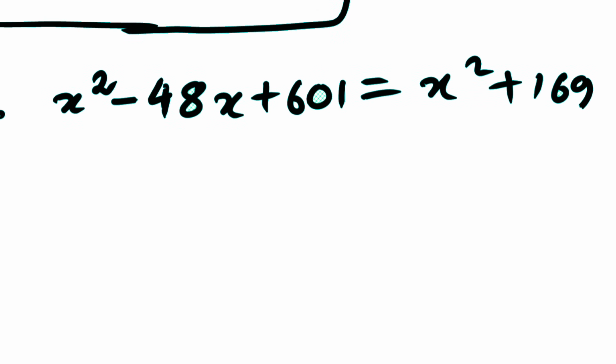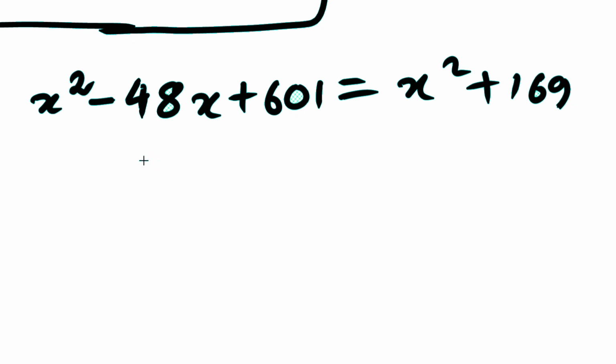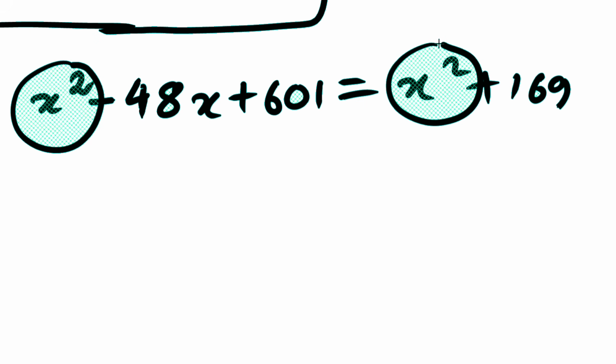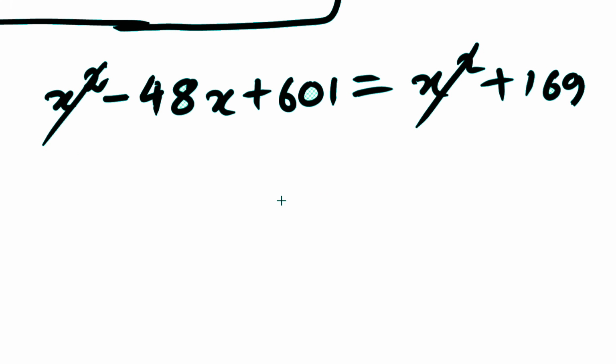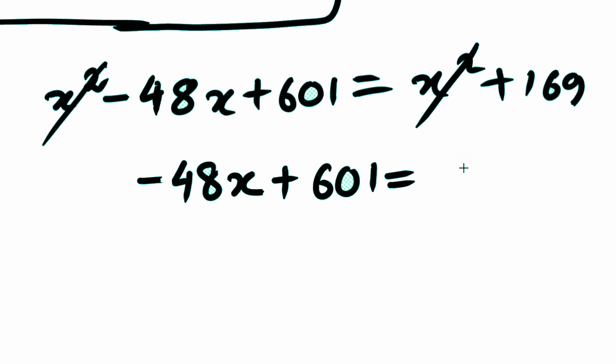Now, pay attention to what happens next. We have x squared on both sides, so we can subtract x squared from both sides. Those terms cancel completely. That leaves us with negative 48x plus 601 equals 169.